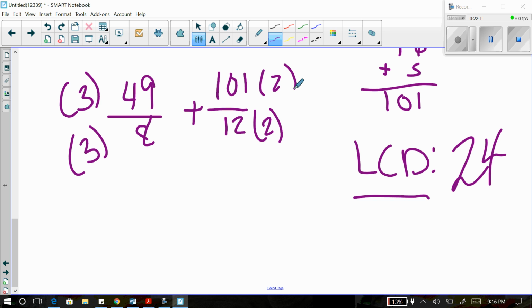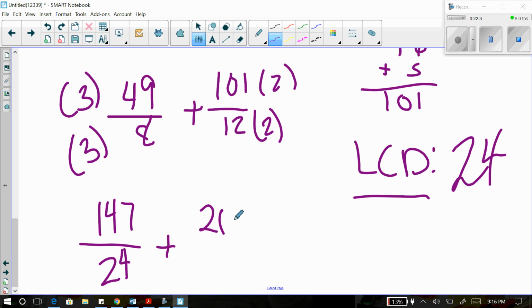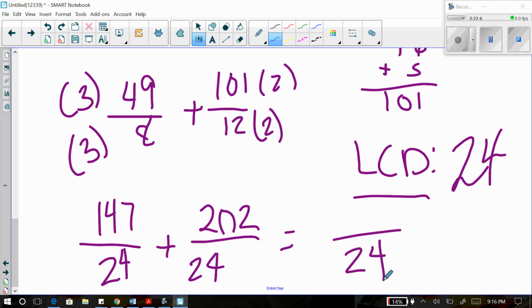And these you can use a calculator for if you need to. 49 times 3 is 147 over 24, plus 101 times 2, which is 202 over 24. Common denominator is 24. 147 plus 202. Again, you can use a calculator. 349 over 24.